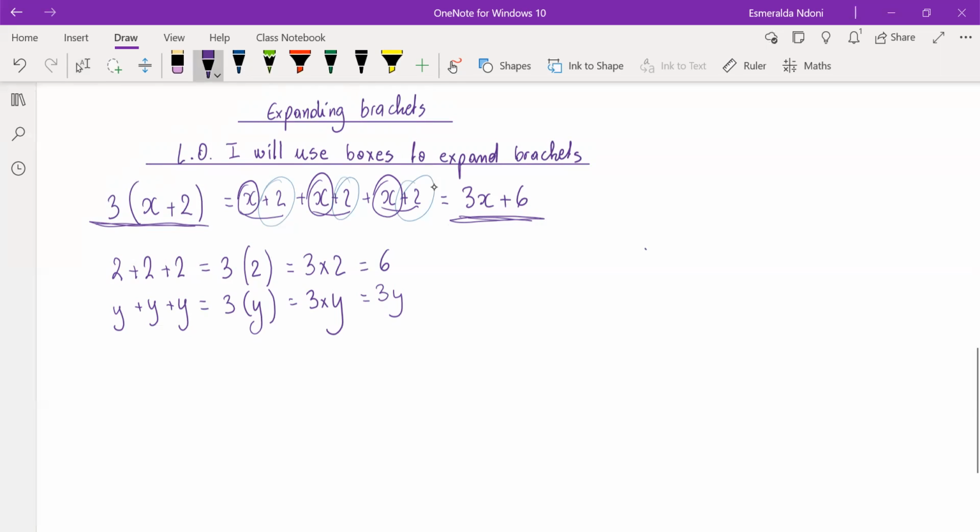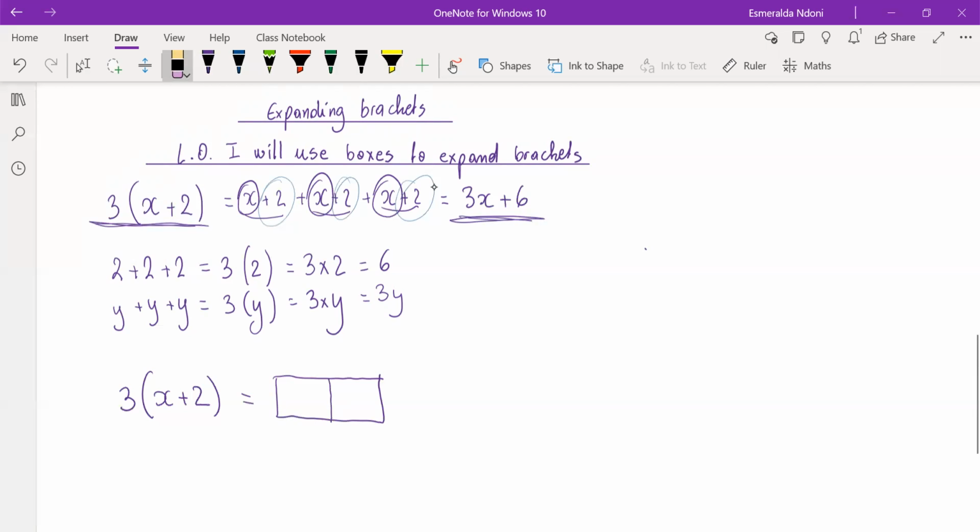And this is how we're going to do it. I'm going to copy the question again. So 3 bracket x plus 2. And like we have done before with multiplication, we're going to draw boxes. I am not going to split them in half like we did with gelosia, because we don't have the number for x.